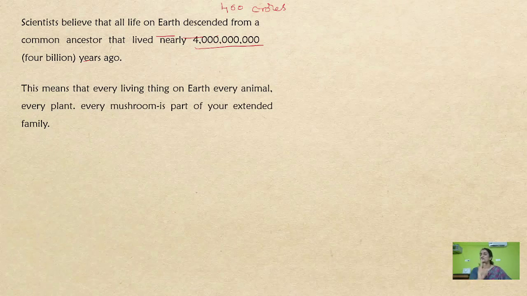So, do you know, children? Every living thing, every animal, every plant, the ant that is going there, the mushroom that is there, the earthworm, all of us are from same ancestors. These all are members of our extended family.